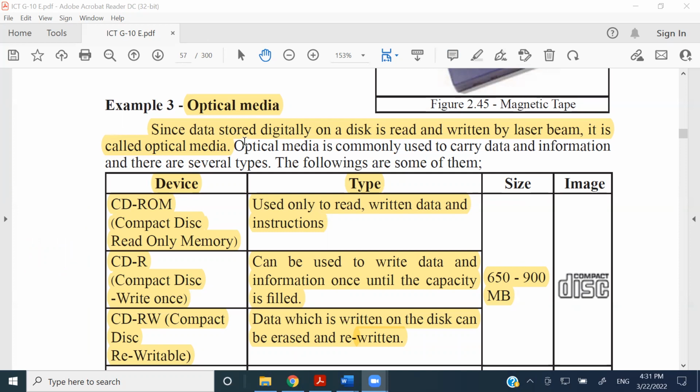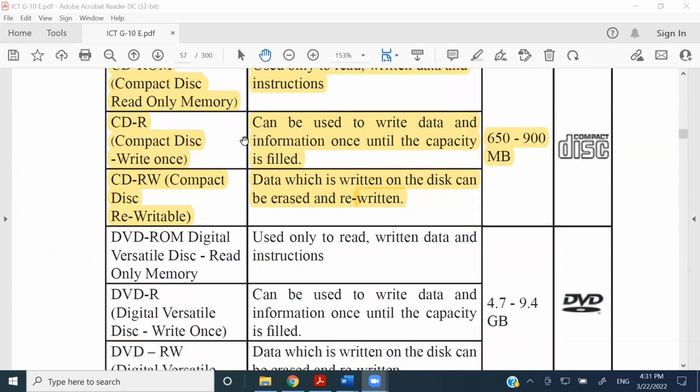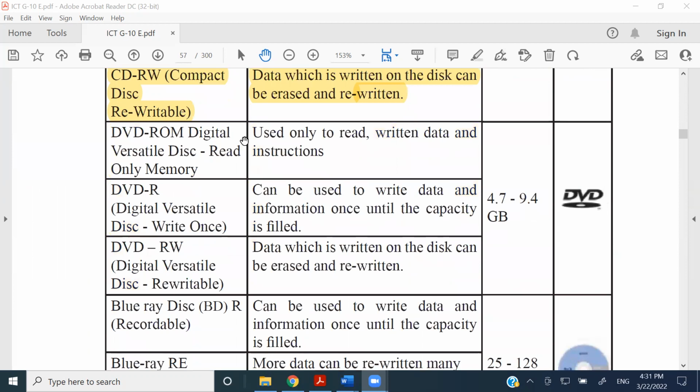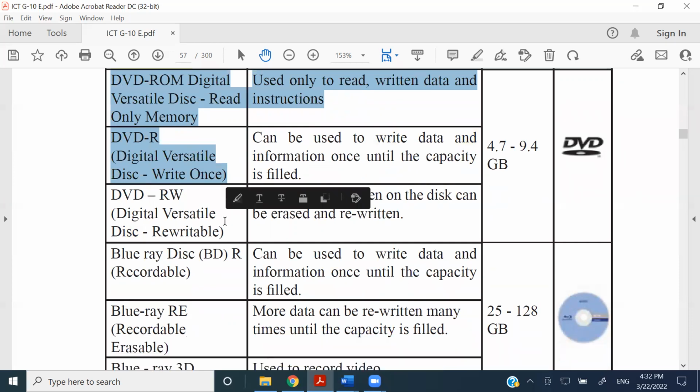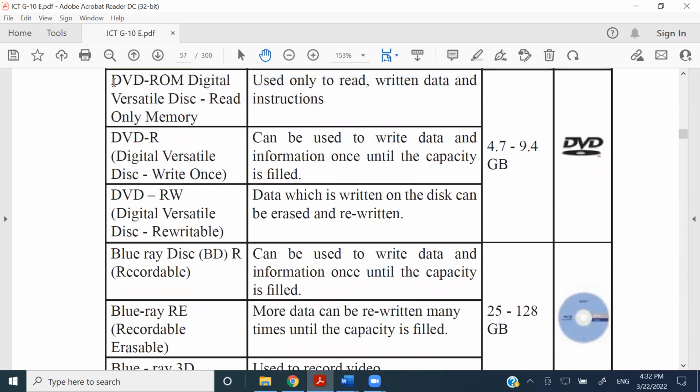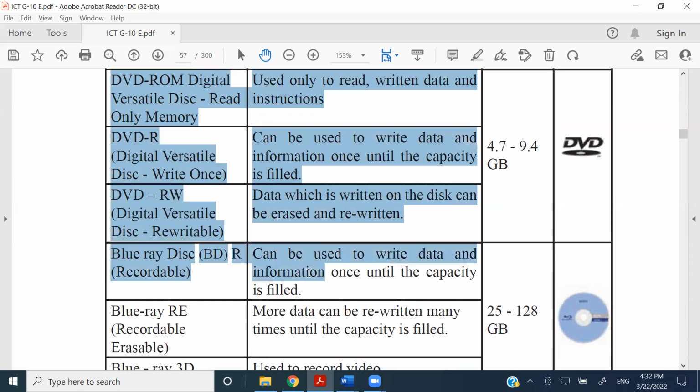Okay, so moving forward, you can continue the same table to write about the DVDs and the Blu-ray discs. So we better mention about these.